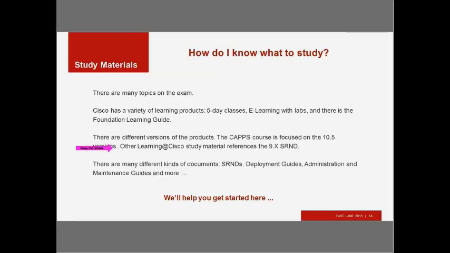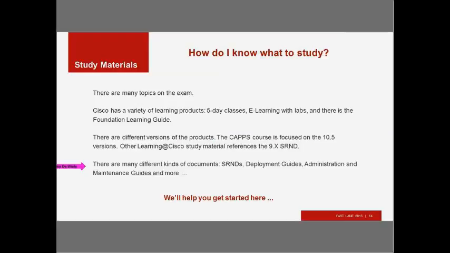Unity Connection, Call Manager version 9, Unity Connection, Call Manager version 10. When you look at the kinds of questions you're going to be asked, 9.x versus 10.x doesn't make so much difference. What I'm doing to pass these exams is focusing on 10.5.